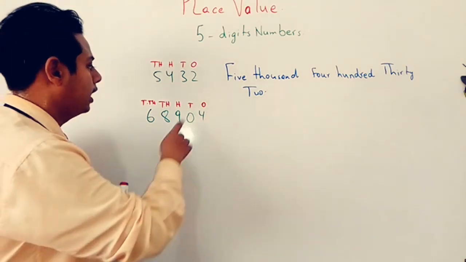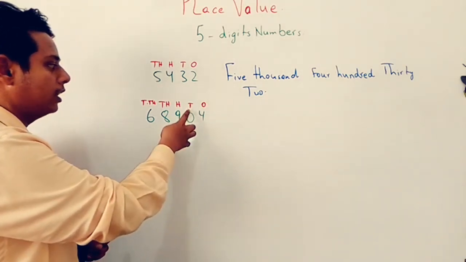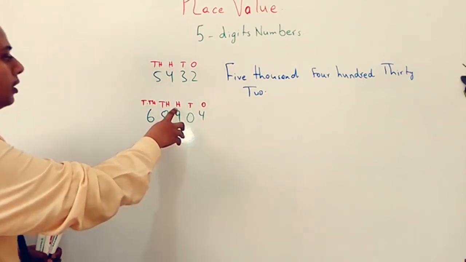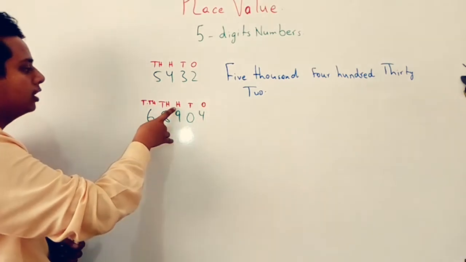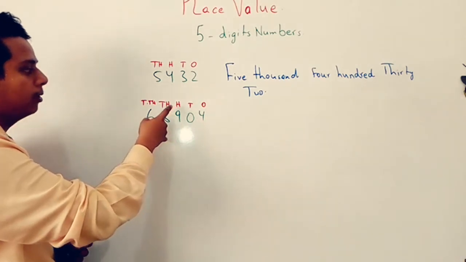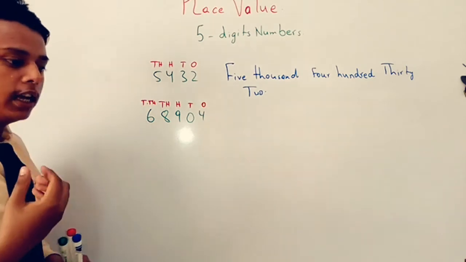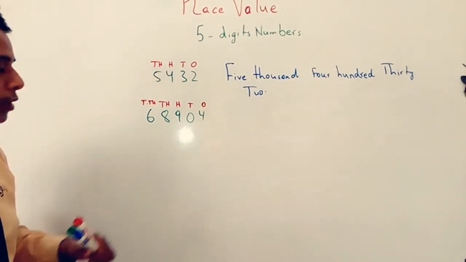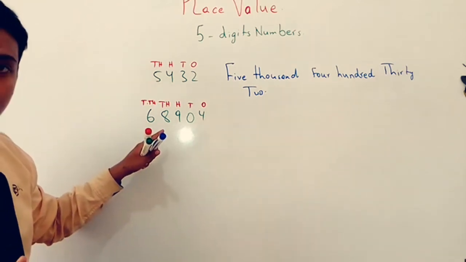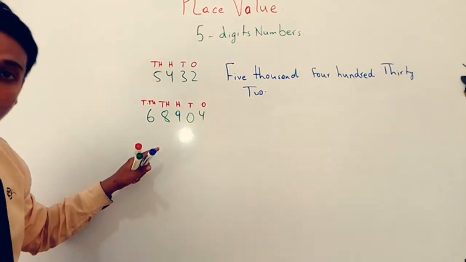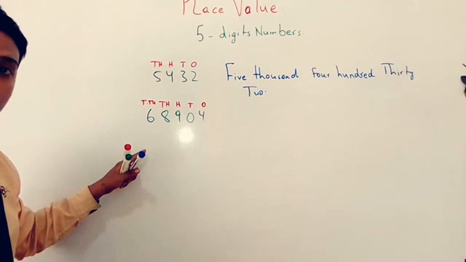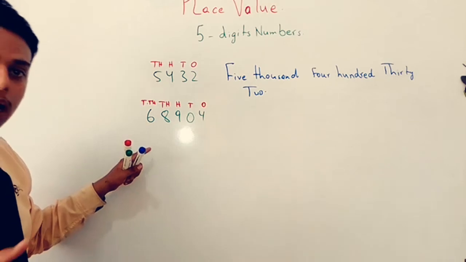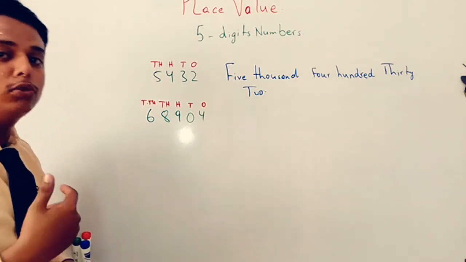When we gather 10 tens together, it becomes a 100. And when we gather 10 hundreds together, it becomes a 1000, as we learned in the last class. But if we combine 10 thousands together, it becomes a 10,000.